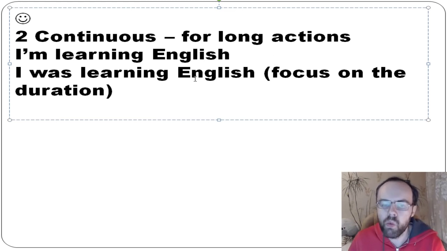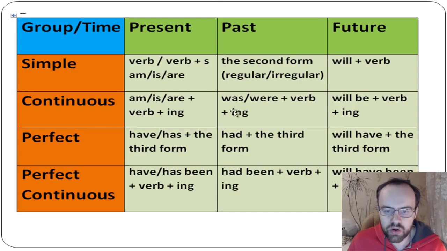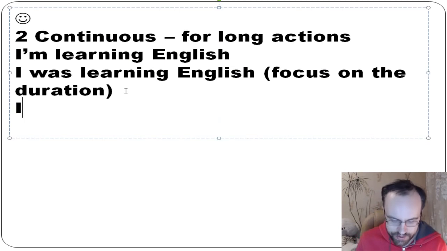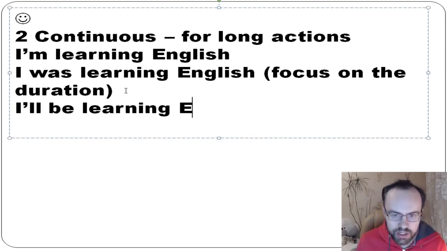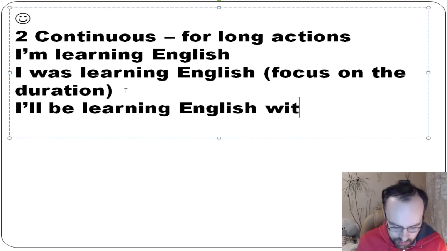But when you say I was learning English, it means that it lasted for a long time. And we can say it in the future, for example: I'll be learning English with you.